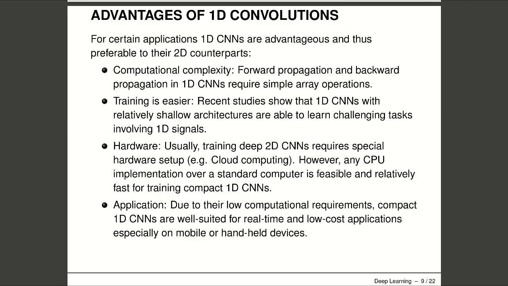Therefore, we have a shallow network, and training a shallow network is obviously easier than a deep network, because 2D CNN needs a deeper architecture and more hyperparameters. Also, training a deep 2D CNN usually requires a special hardware setup, such as cloud computing or a GPU cluster. On the other hand, a CPU implementation on a standard computer is feasible and also relatively fast for training compact 1D CNNs with a few hidden layers and neurons.